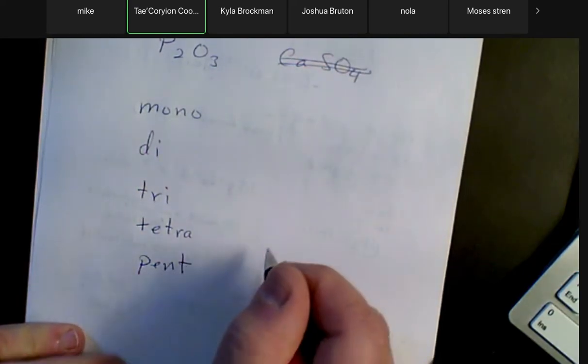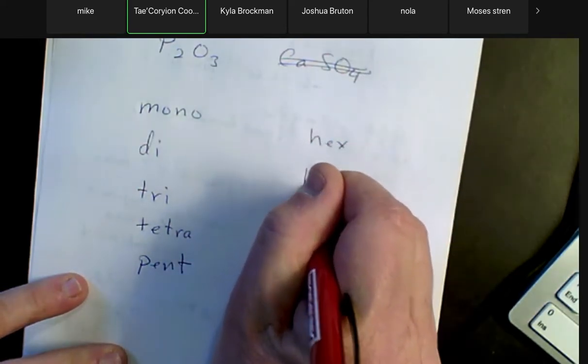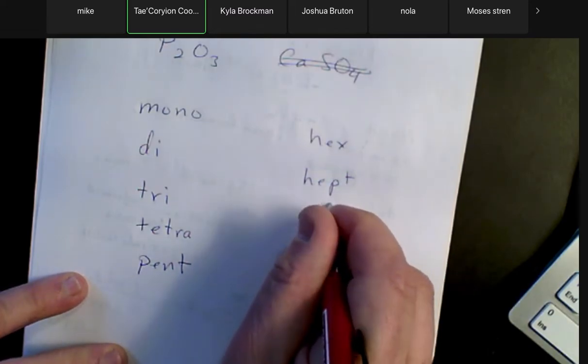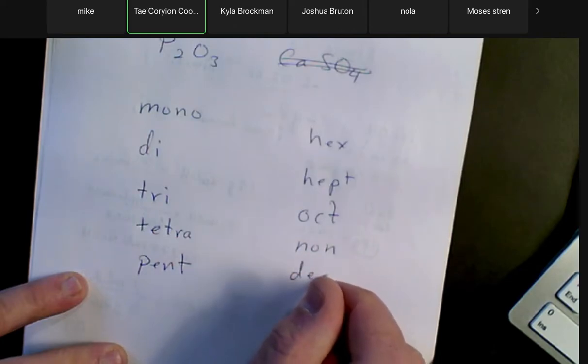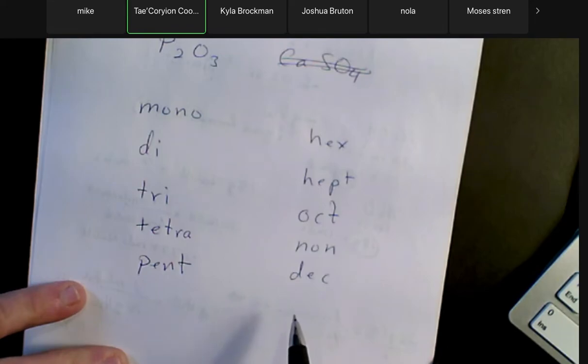This one I think you will know. Hex you know, hept you may not know. Oct you know because an octopus has 8 legs. Non means 9, and you know there are 10 years in a decade, so dec means 10. So those are the prefixes that we use to indicate numbers of atoms from 1 to 10.